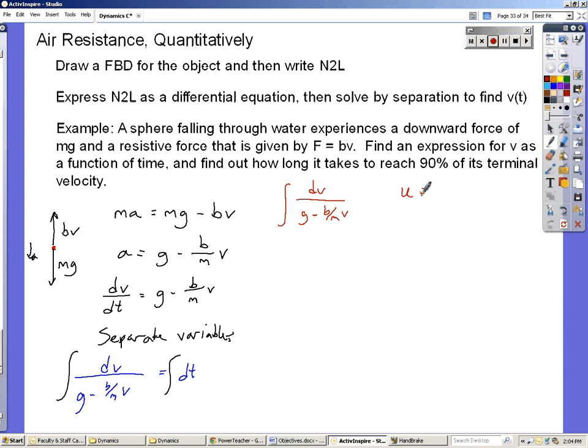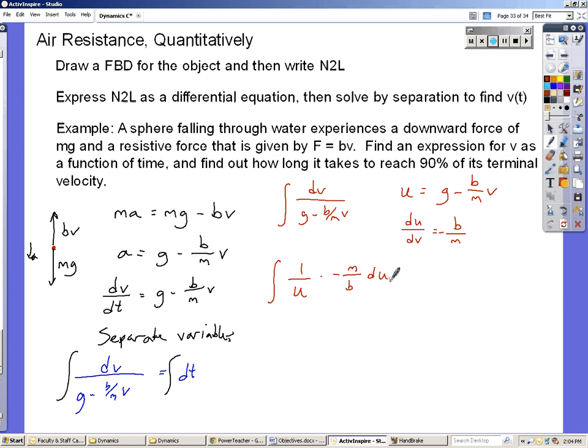Our U-substitution is u equals g minus b over m times v. du dv is equal to negative b over m. And so here we've got 1 over u, and dv is just negative m over b times du.